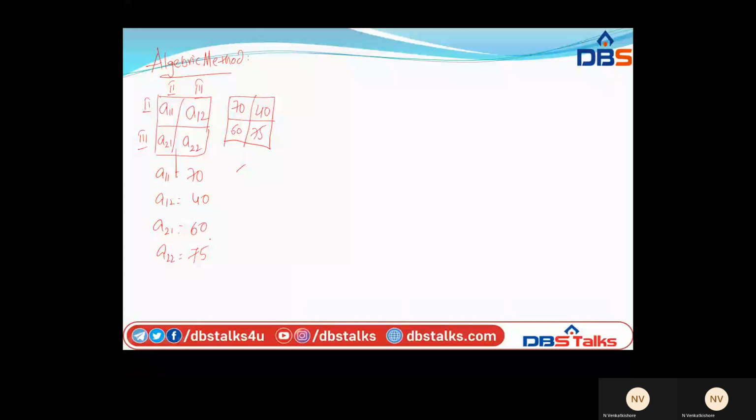Now, coming to the direct formula. Here you just have to follow the equation, that is, value of x equals, this is the formula we always need to remember: A22 minus A21 by A11 plus A22 minus of A12 plus A21.